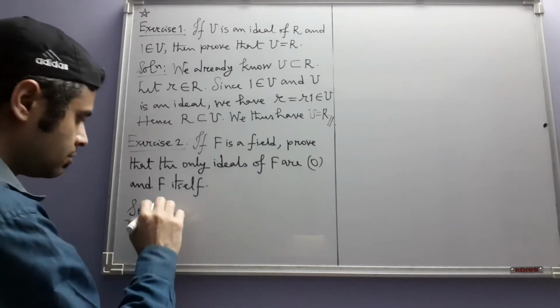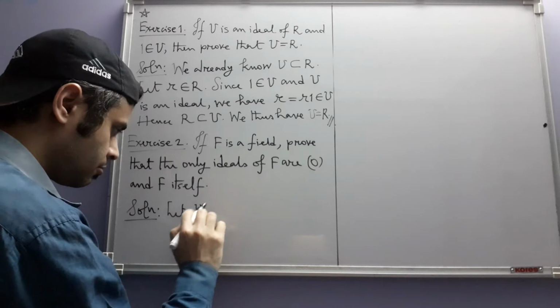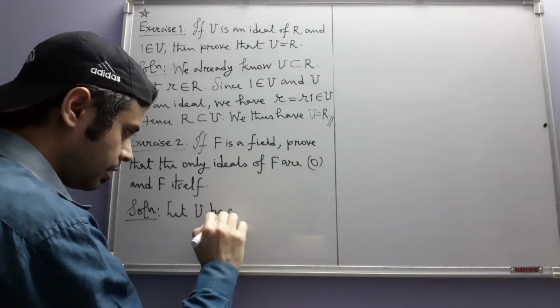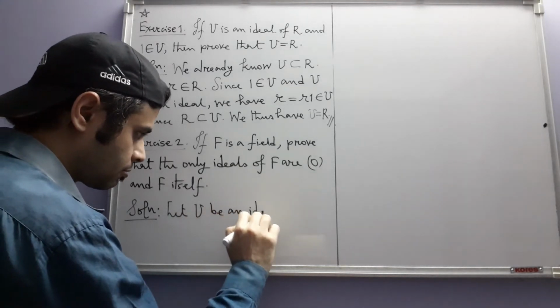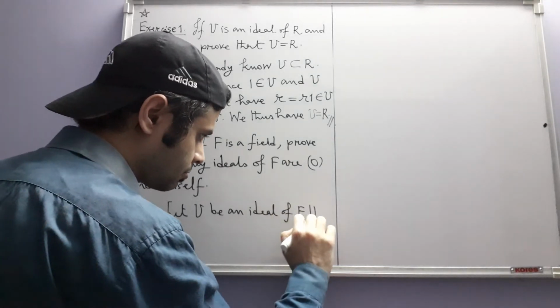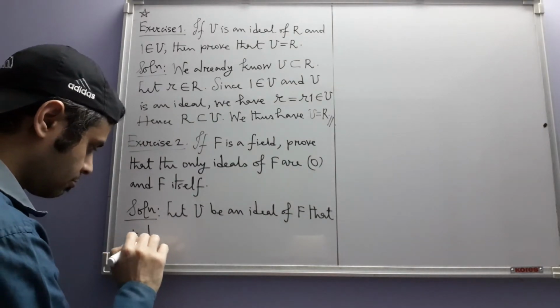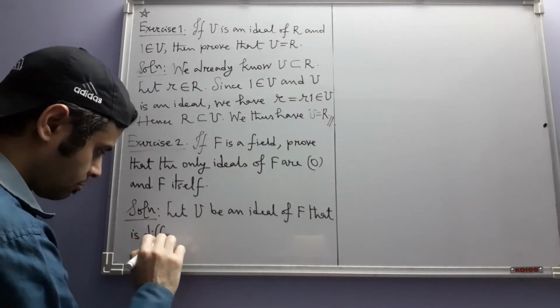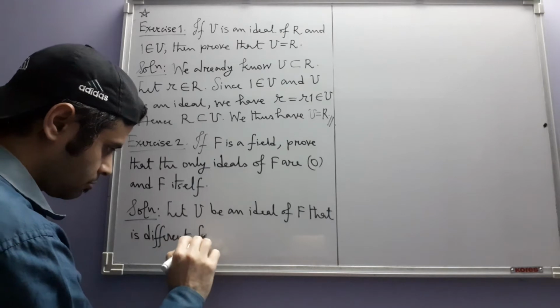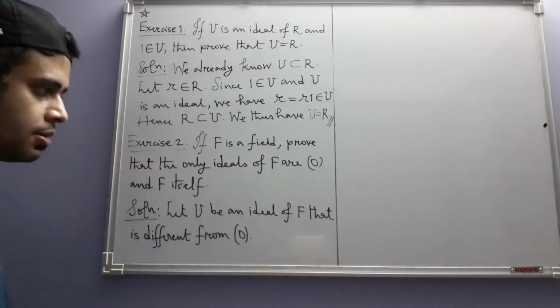Okay. So let U be an ideal of F that is different from the zero ideal.